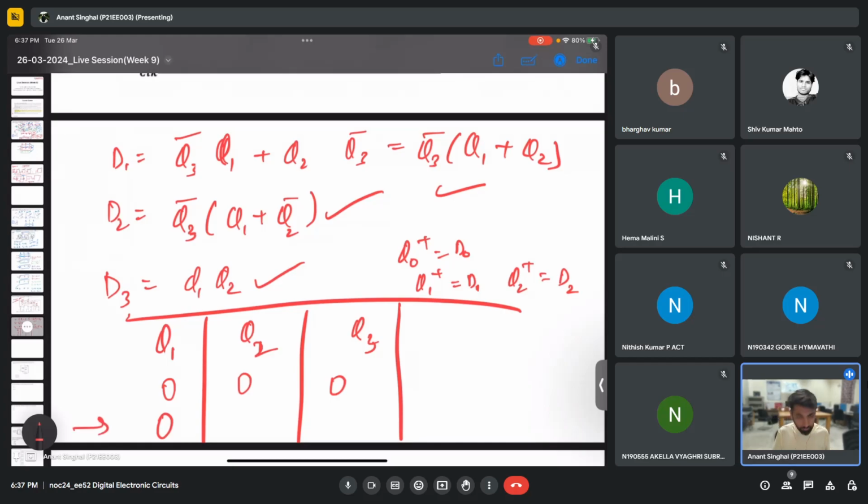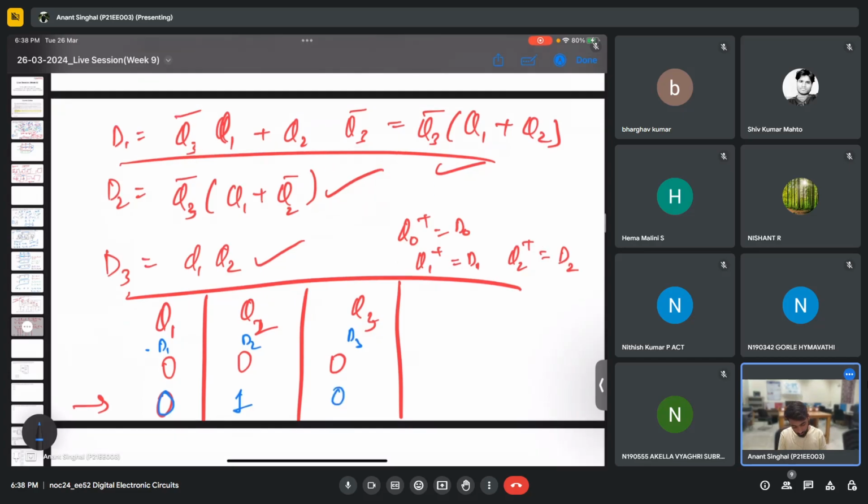So this is the first step that I'm writing. I'm just evaluating these expressions. So D1, D2, D3: this is 0. D2 is this thing, Q1 plus something. So 1 times 1 is 1. And then Q1, Q2 is 0.